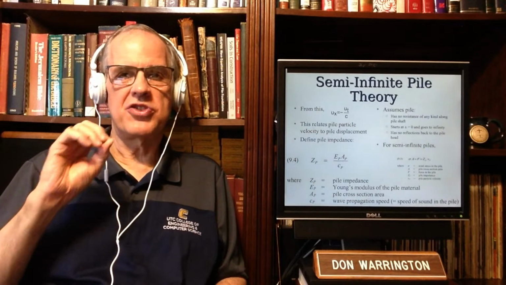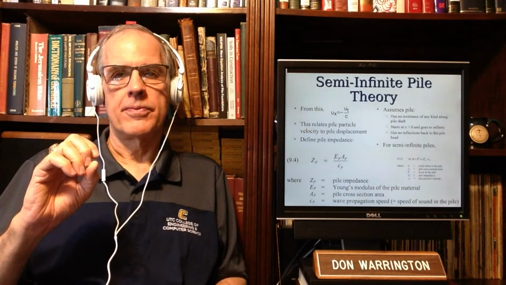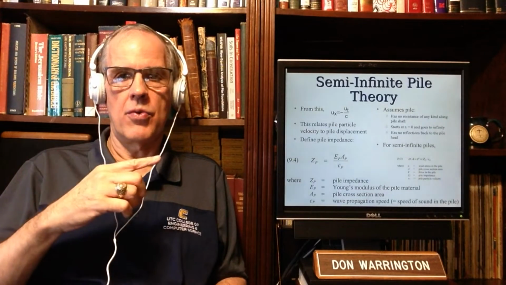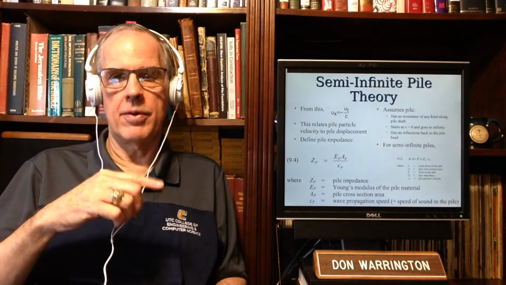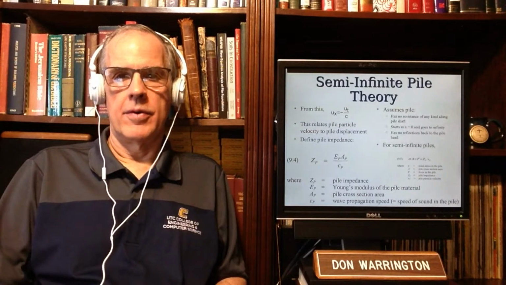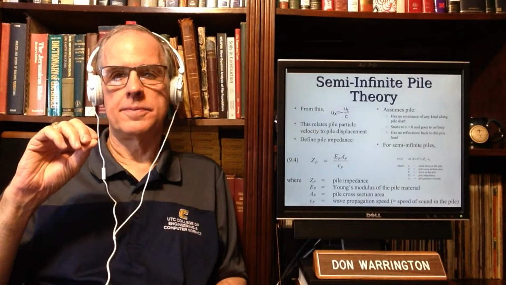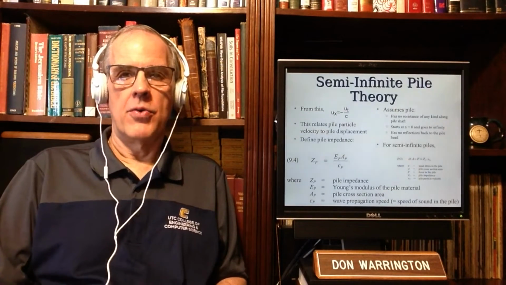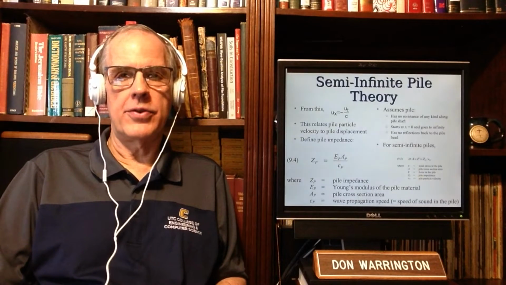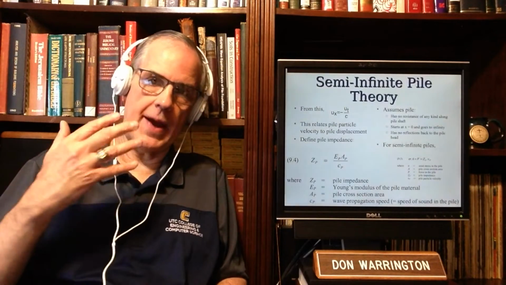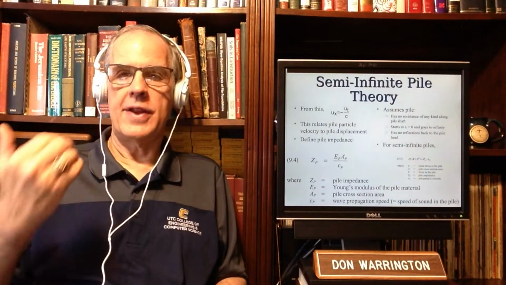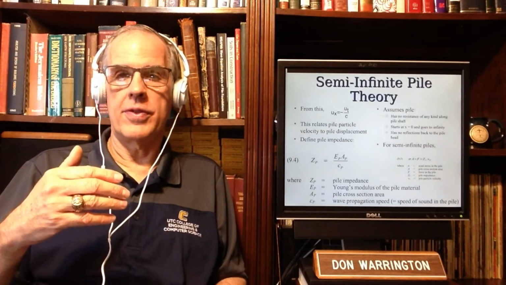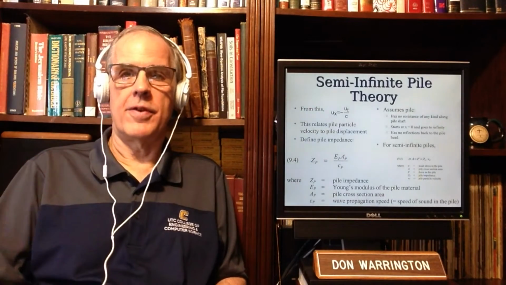If we could somehow analyze the difference between what is going on in a semi-infinite pile, where we have no reflections, and what happens in a real pile where we have reflections, we might be able to relate the two together and, through a long series of back calculations, figure out what the static behavior of the pile is.